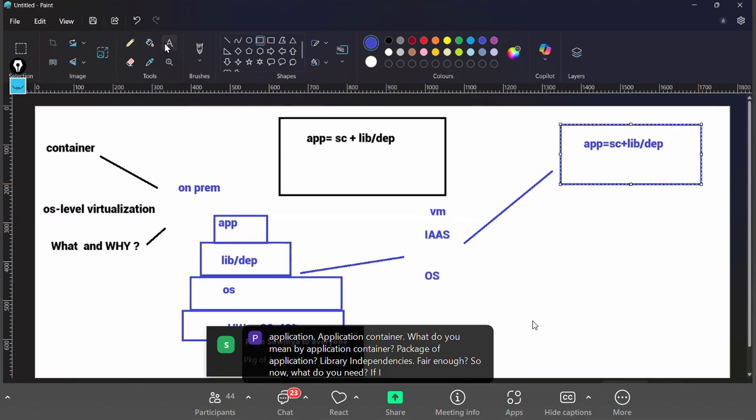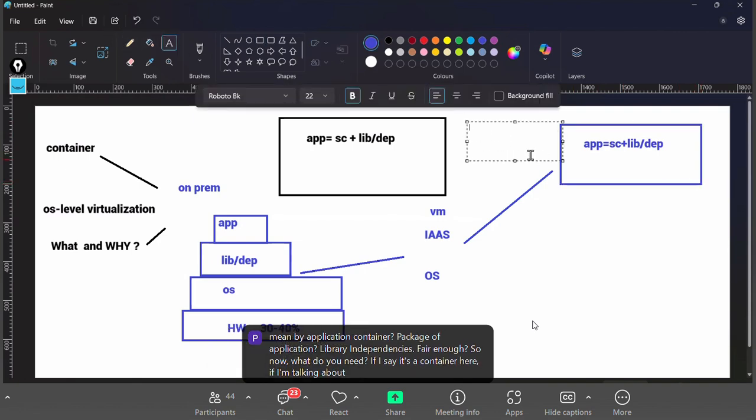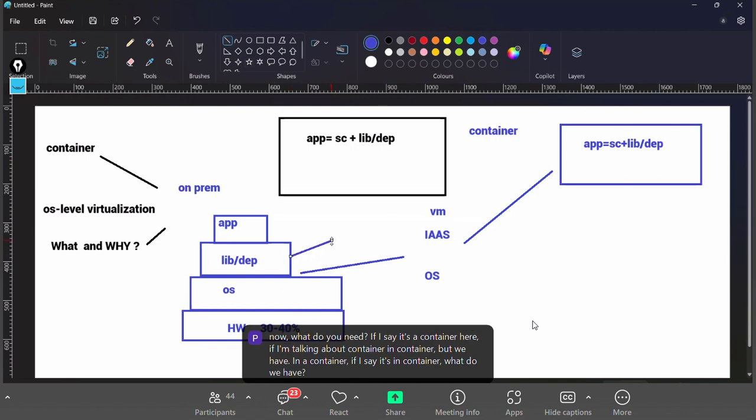If I'm talking about a container, what do we have in a container? Libraries and dependencies packaged together. Can I say that to run any application, I need libraries and dependencies, an operating system and hardware? If I don't have any one of these, I will not be able to run my application. Is it fair?